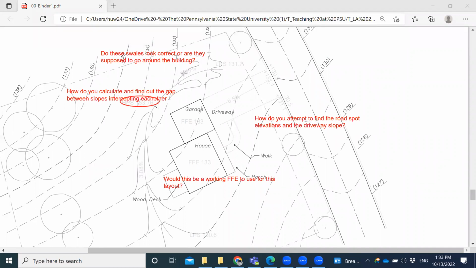Use that HPS, use the 2% slope to calculate your garage FFE, okay? Once you have a garage FFE, you have these. You do need to calculate that one. That one is 130.3 in estimation. And this one is 129.7 by estimation. You use the 15 feet and 5% and then back calculate the slope here.